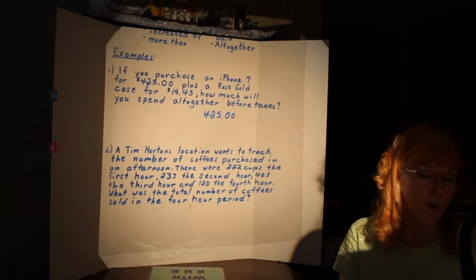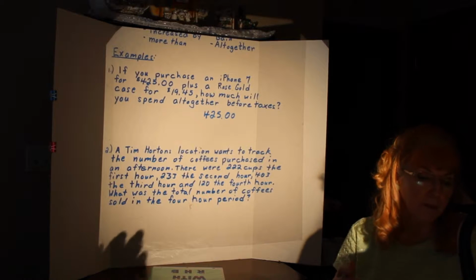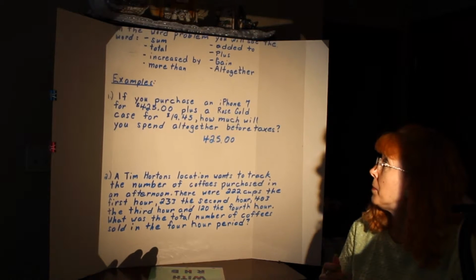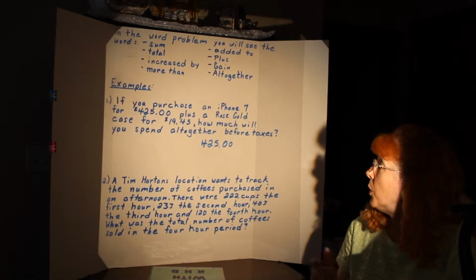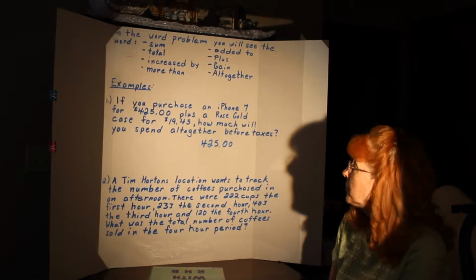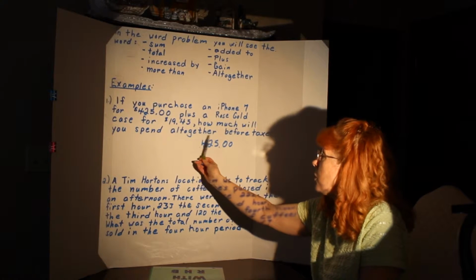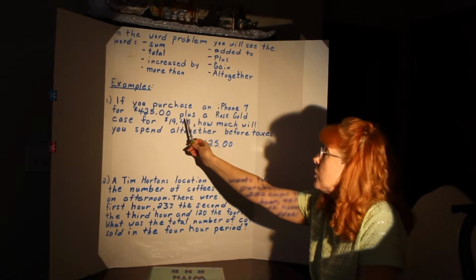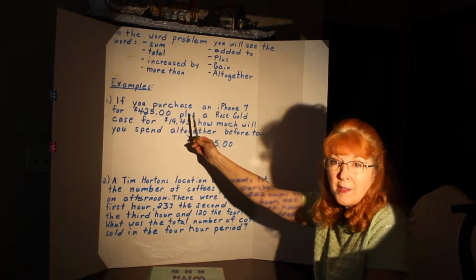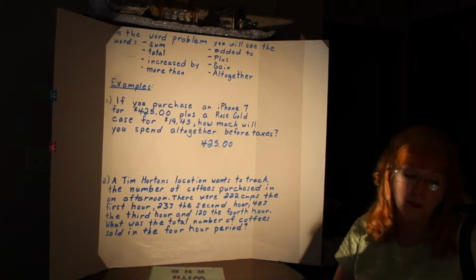And the reason I know it's add, if you look at your chart, I'm going to pull this down a little bit. What words tell me that I'm adding? All right. How much will you spend altogether? Also has the word plus right in the question. That means you need to add the numbers that are given.